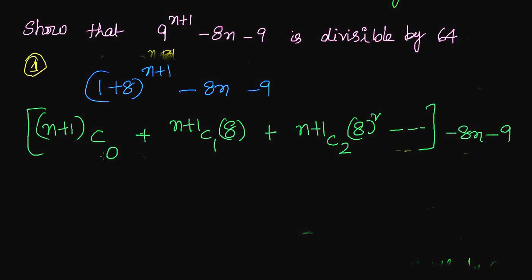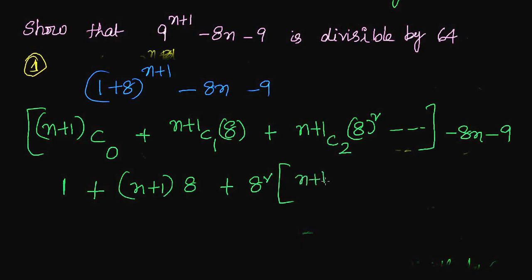Now I know (n plus 1)C0 is nothing but 1, and (n plus 1)C1 is n plus 1, into 8. Then I can take 8 square common, because you see it's increasing, 8 square, 8 cube, and it will go up to 8 to the power of n.